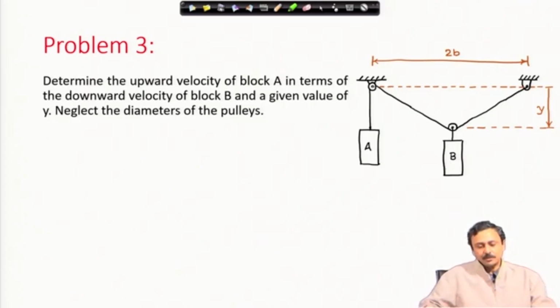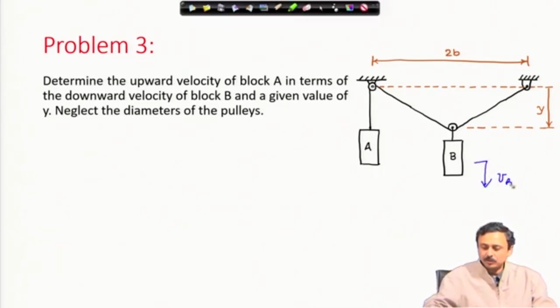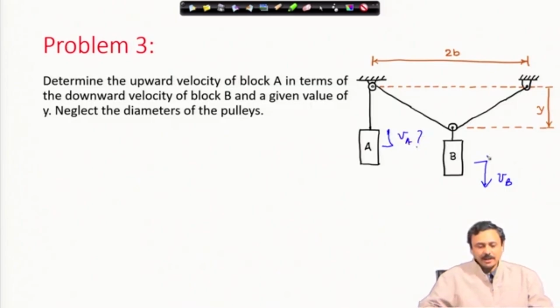In this problem, we are to determine the upward velocity of block A in terms of the downward velocity of block B. Suppose B is moving downwards, we have to find VA for a given value of y. So, in terms of y, we have to find the velocity relation between VA and VB. We are to neglect the diameters of the pulleys.